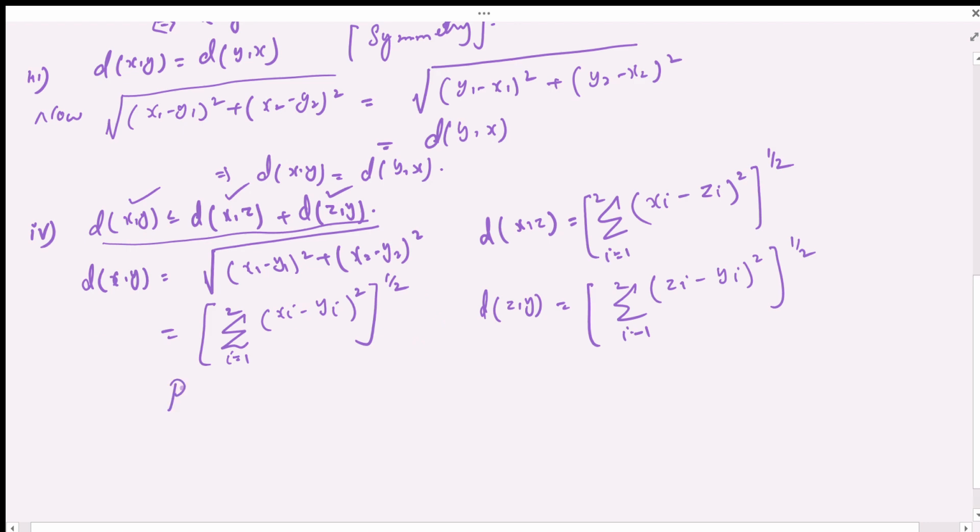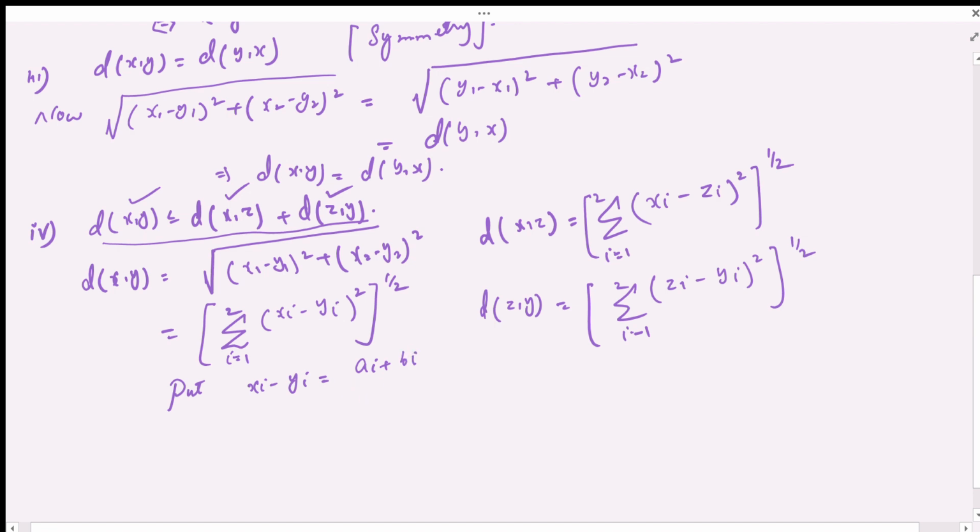If I put xi minus yi, you can see here, equal to ai plus bi.